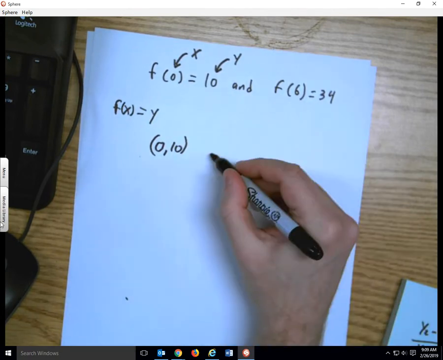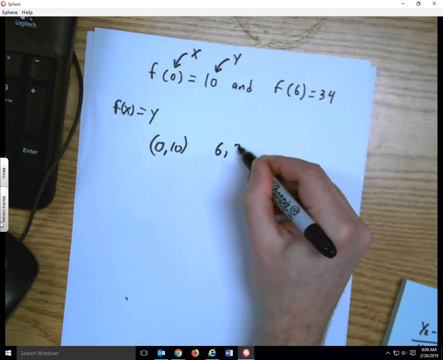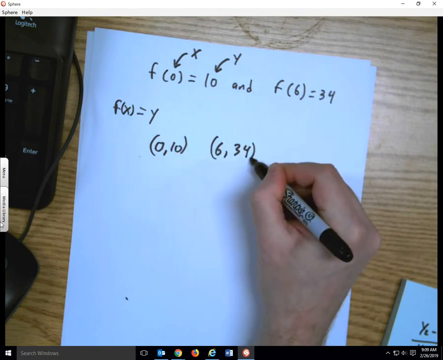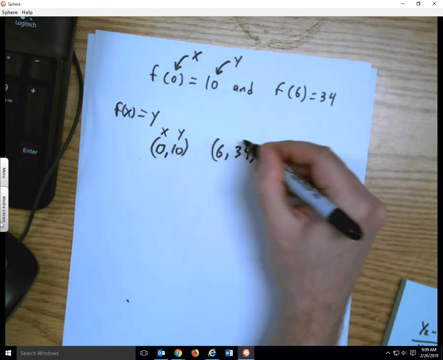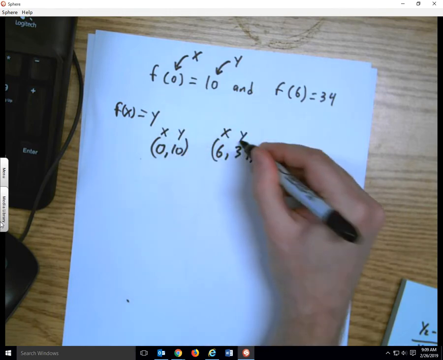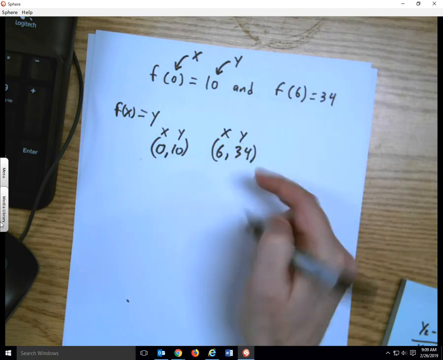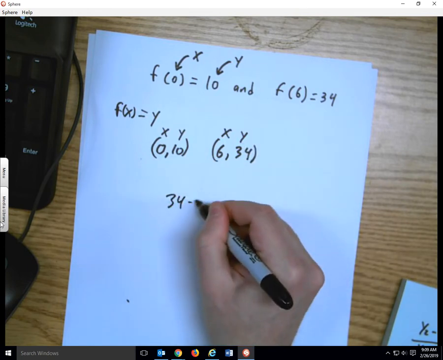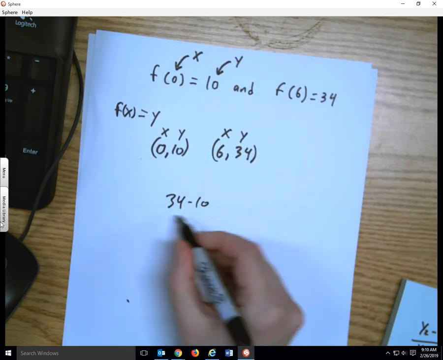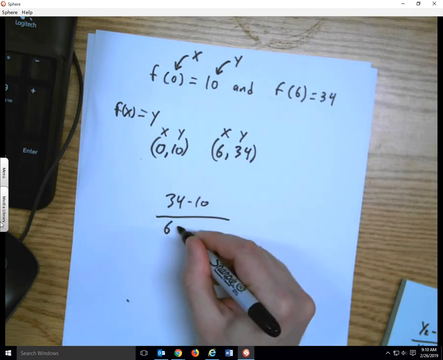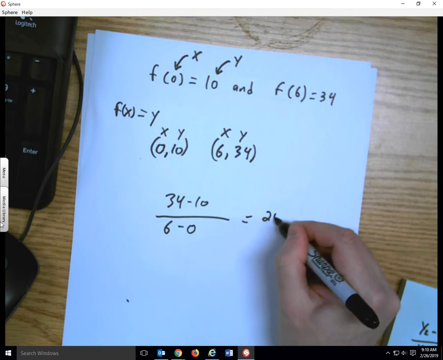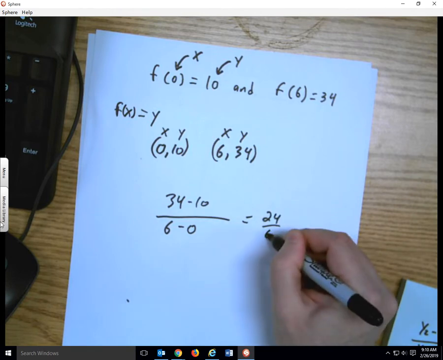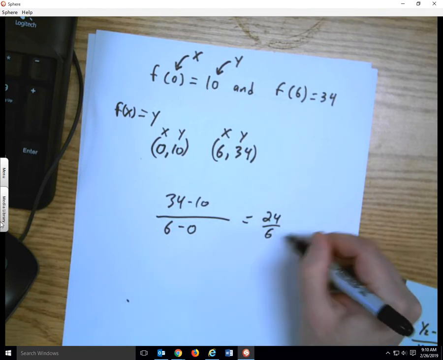So if we had 0, 10, and then we had 6, and 34. Again, we do x and y. It goes in alphabetical order. And then we just do it again. y2 minus y1 over x2 minus x1. Okay, it'd be a 24 over 6. It would be 4.